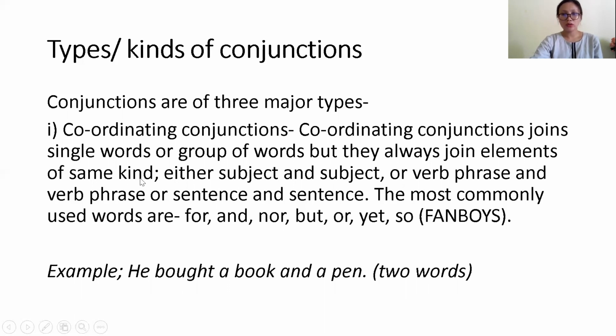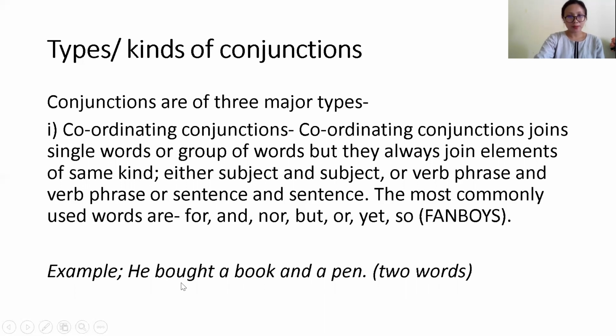Means they always join words of the same type: either subject and subject, or verb phrase and verb phrase, or sentence and sentence. The most commonly used words are for, and, nor, but, or, yet, and so. Remember this acronym, FANBOYS. If you remember this acronym, you'll remember all these conjunctions, all right?